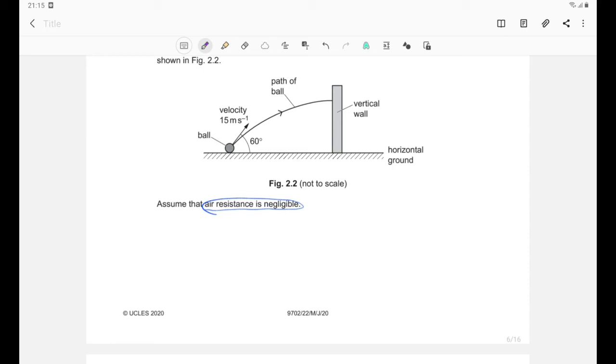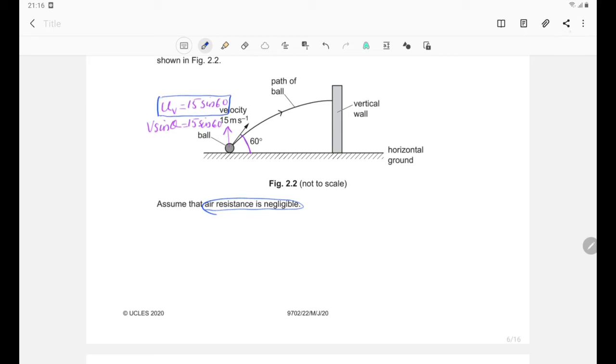Initially it will be vertically upward, and the angle 60 is given here, so the vertical component will be, you can use the equation velocity times sine theta. Here they have given the velocity, that is 15 times sine 60. So this is the initial vertical velocity, you can represent it as uv. So uv is nothing but 15 sine 60.